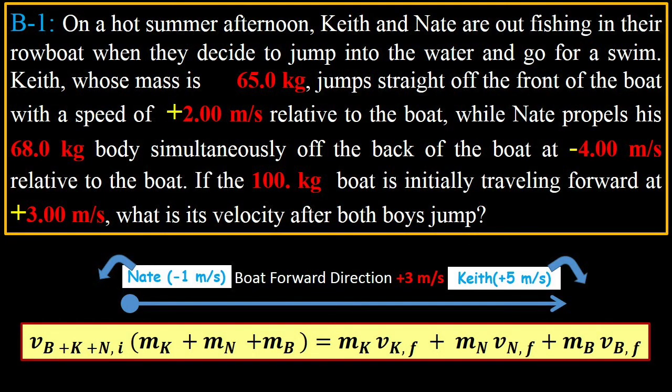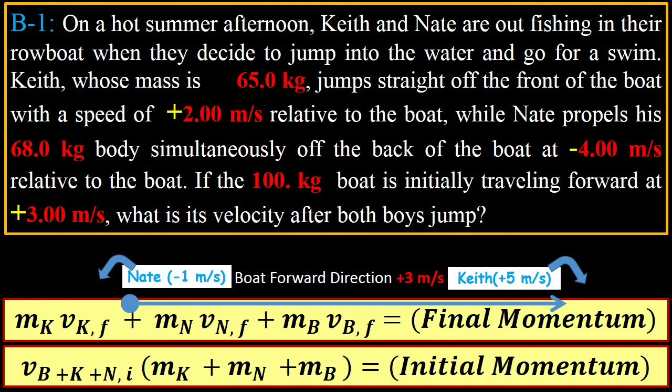Very important. Okay, here's the equation. The initial velocity, I simply factored that out from each of the masses because it would just be too long of a problem. So remember that the boys and the boat are all together initially, and that value on the left will equal the total sum of all the momenta final.